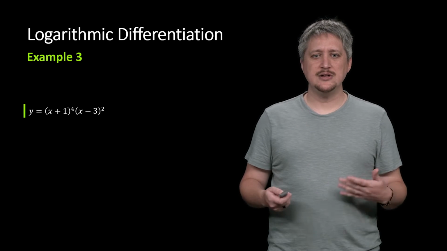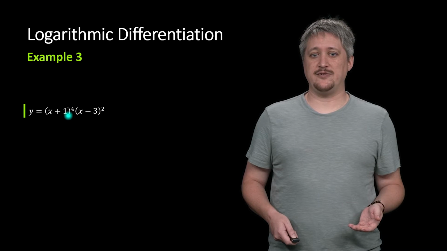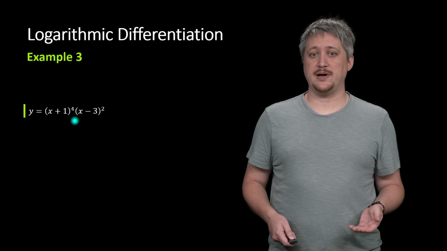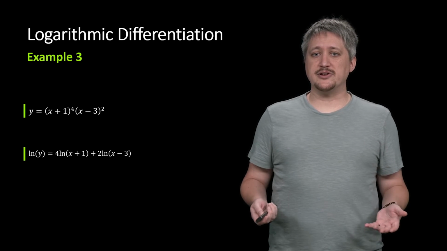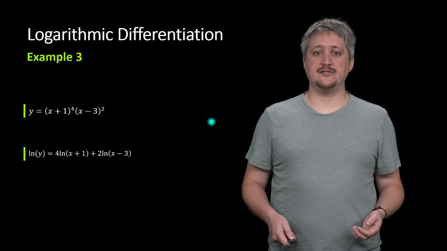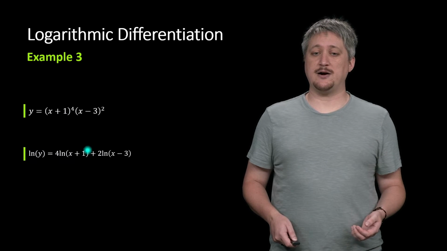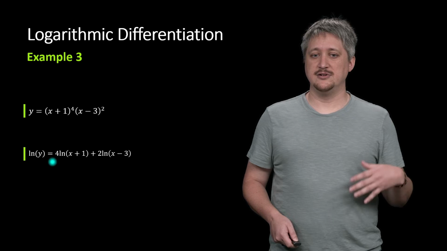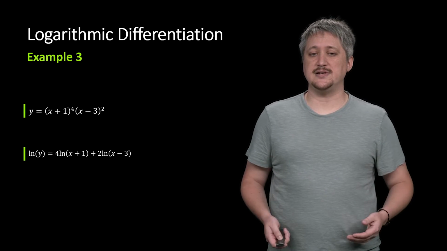So another example, even if I only have two factors, if I have higher powers, right, fourth power and second power, this is another situation where logarithmic differentiation can make some sense because, again, everything is being multiplied, right? It's fully factored, and those higher power pieces can come out as coefficients using log rules. So this lets me break it up relatively nicely.